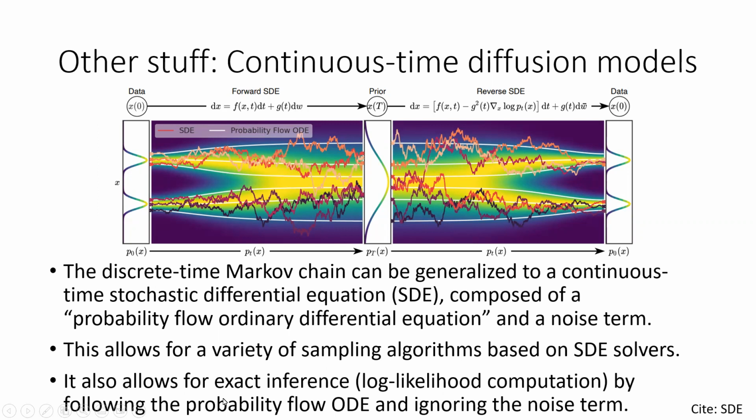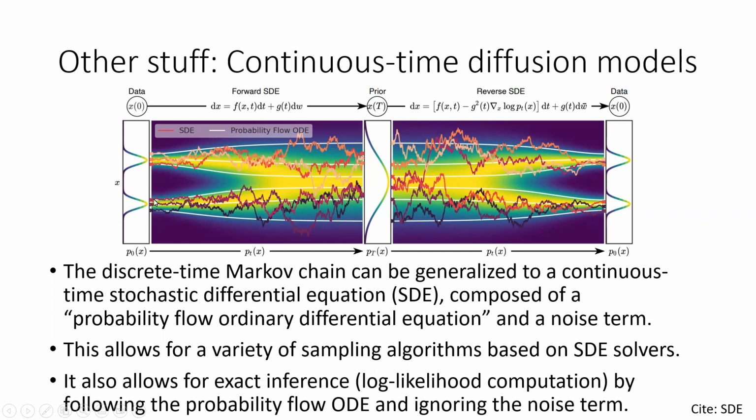And so basically, you can see in this diagram there is a direct path shown in white between a sample from one distribution, x0, and the standard normal distribution, xt.